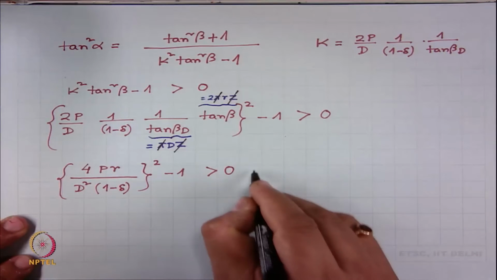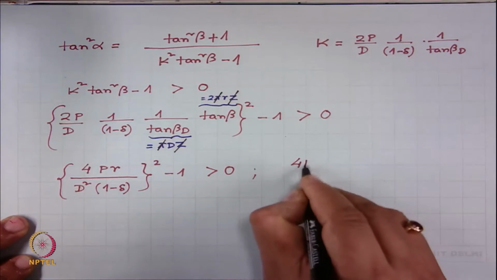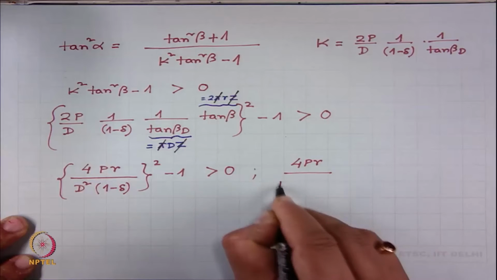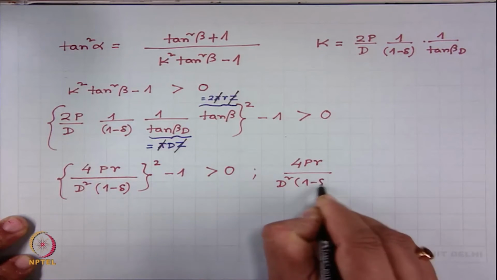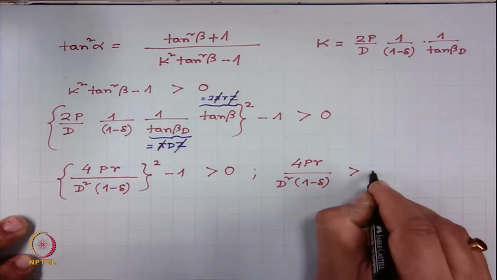So, 4 p r over d square, 1 minus retraction, must be greater than 1.